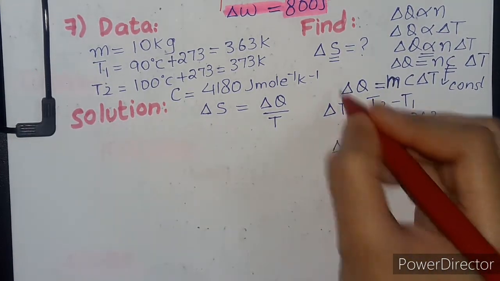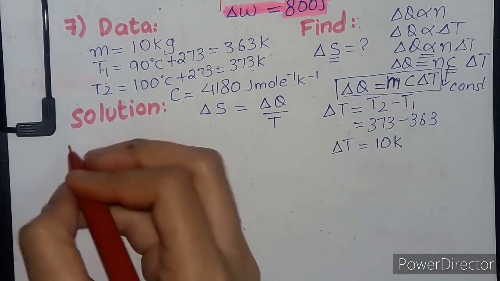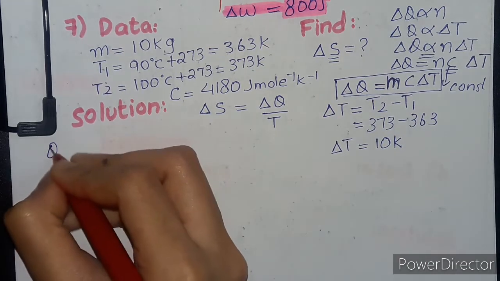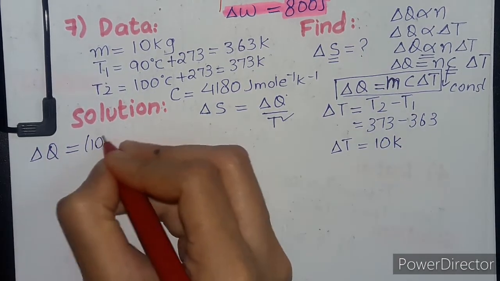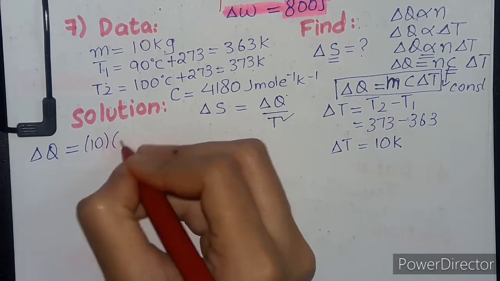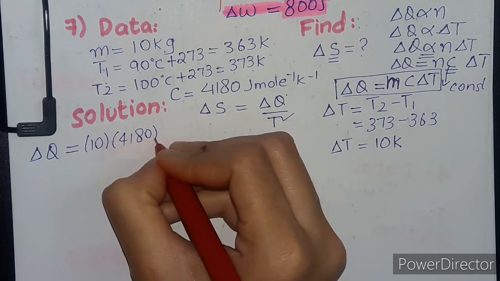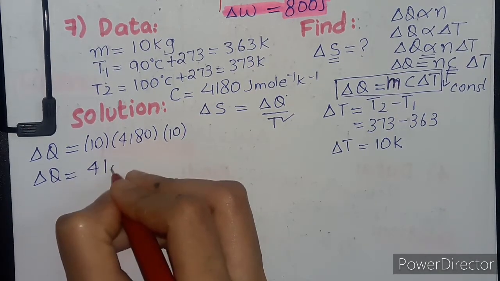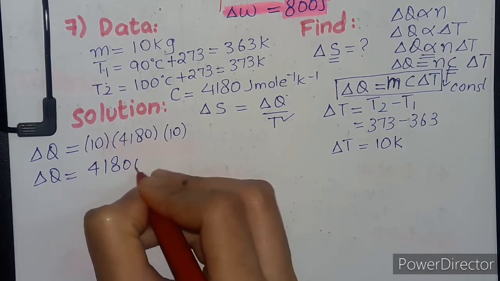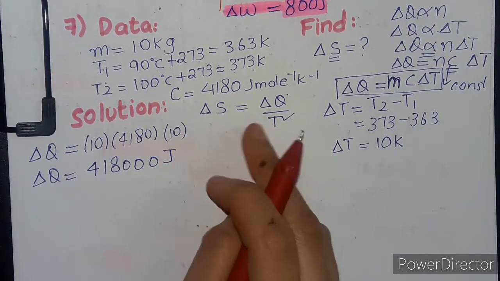Now putting all the values in this equation, the change in heat is equal to 10 multiplied by 4180 into 10. We get the value 418,000 joule. So we found the value of heat.